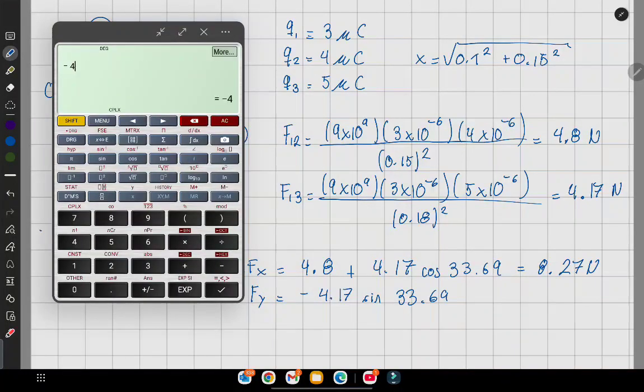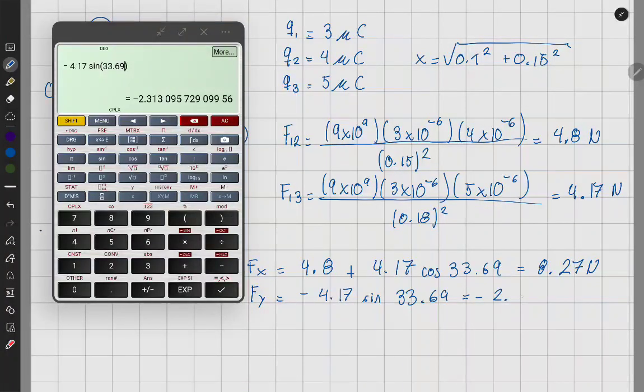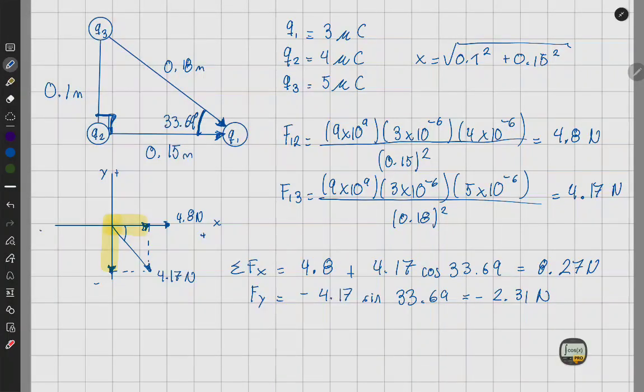So minus 4.17 sine of 33.69. So this is equal to minus 2.31 newtons.